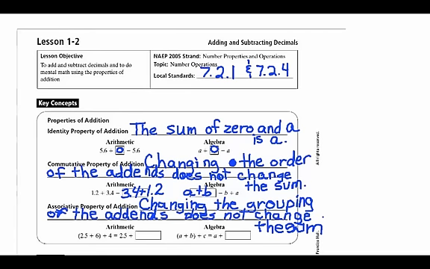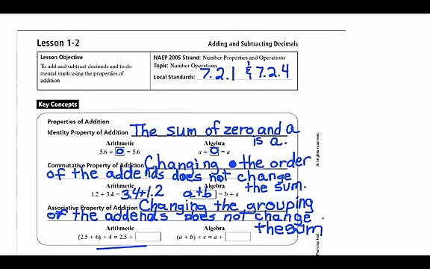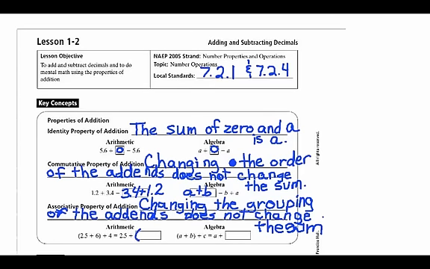We can change that grouping symbol and group together the 6 plus 4, which makes it a little bit easier to add in our head. And so when we rewrite this, we're going to rewrite it with the 6 plus 4 in parentheses. So all we did was move our grouping symbols around the 6 plus 4.